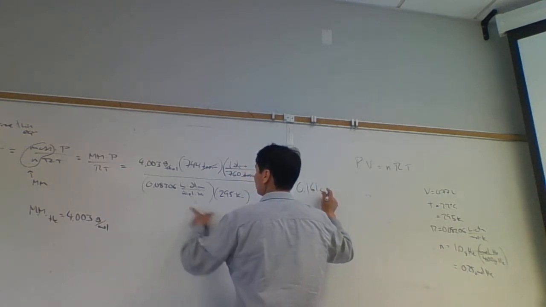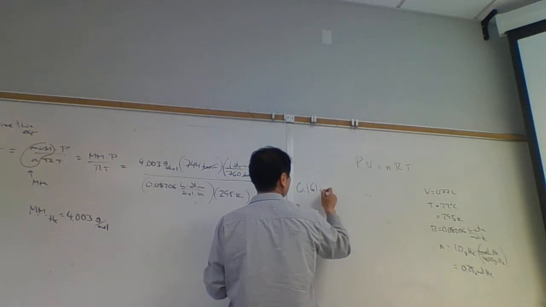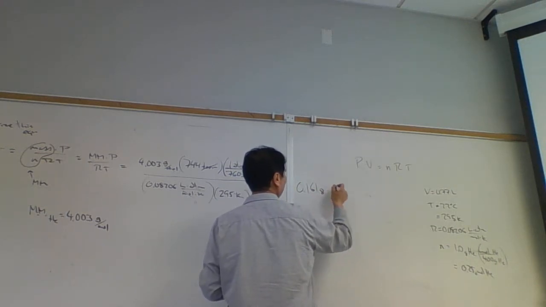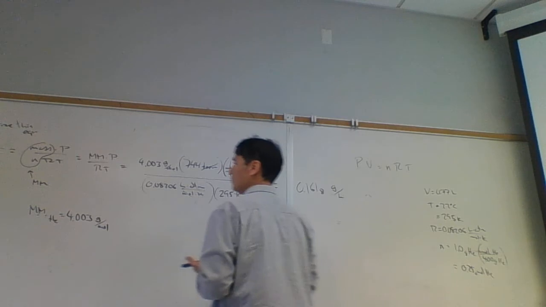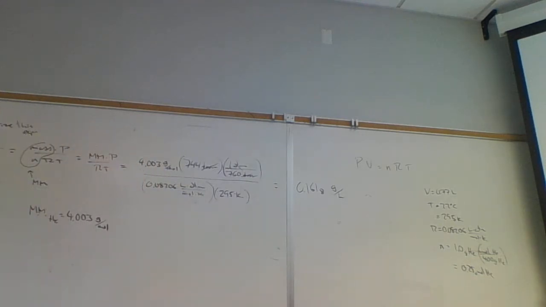That's 0.1618. How many sig figs are we allowed? It's like 3 sig figs. 0.1618 grams per liter. It's very low density. Well, you expect helium to be very low.